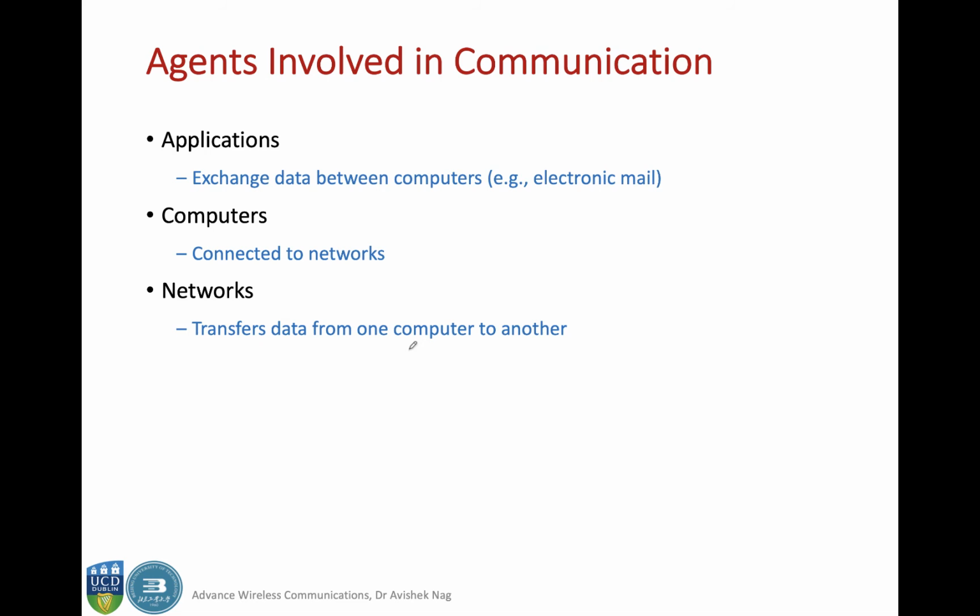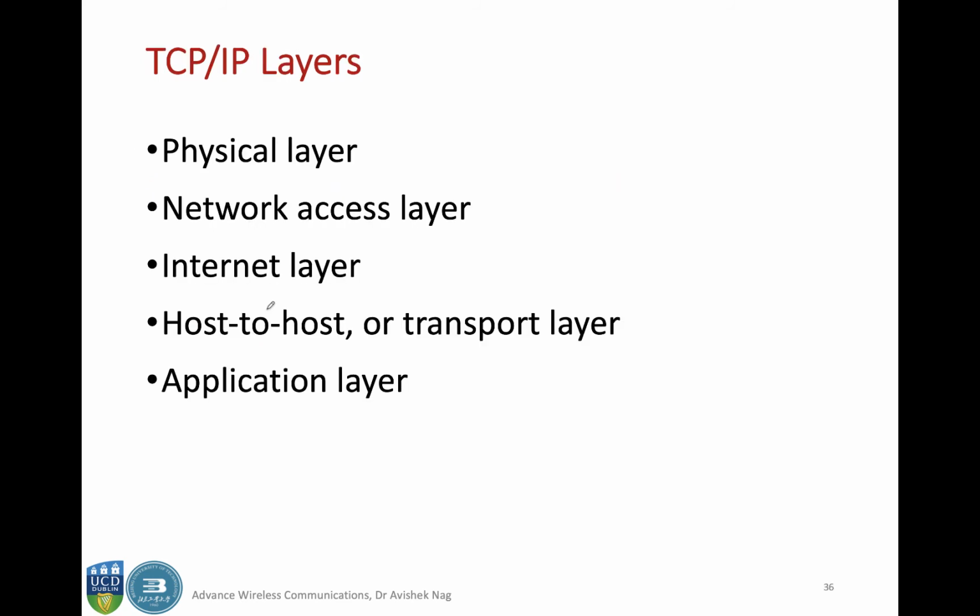Then the computers that are connected to the networks host the applications. And then comes the networks that transfer data from one computer to another. So these are the different agents involved in the communication.